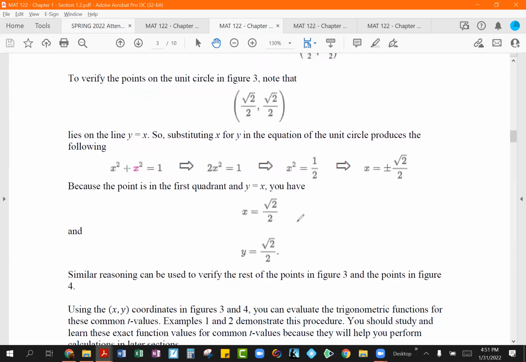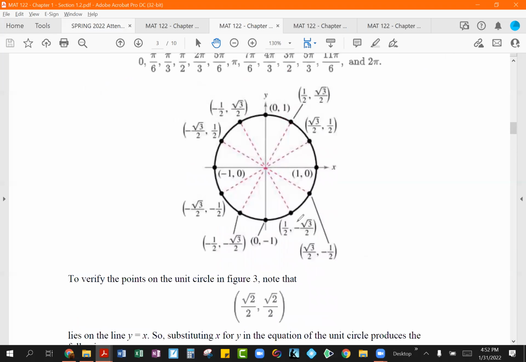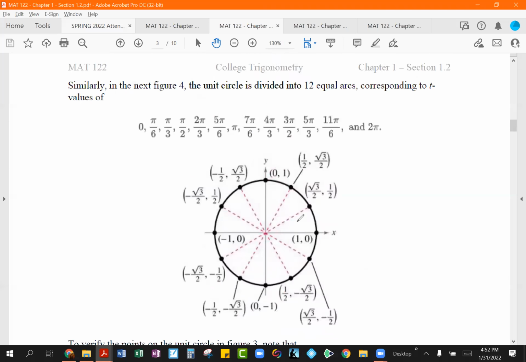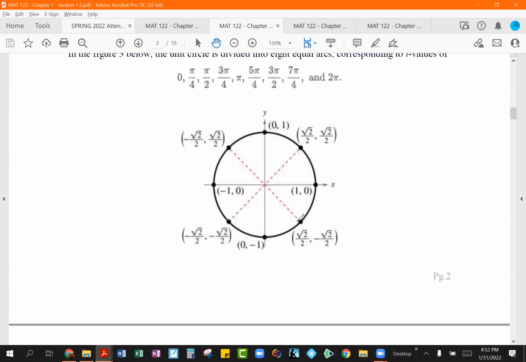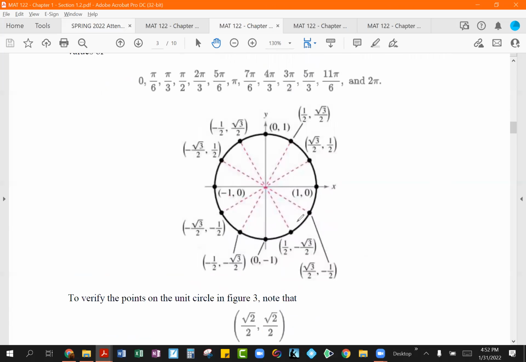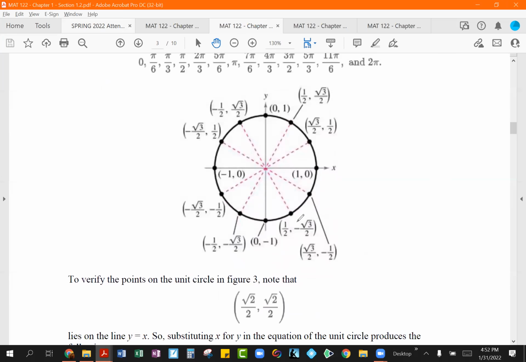And then they get into calculation, showing you how they're coming up with these ordered pairs on your circle. So how they came up with this square root of 2 over 2, positive or negative. Here with the 12 equal parts, you have square root of 3 over 2, 1/2, positive or negative.